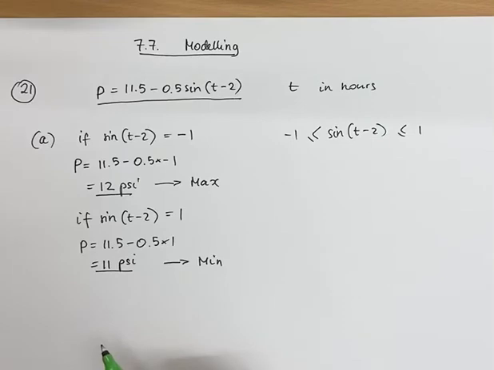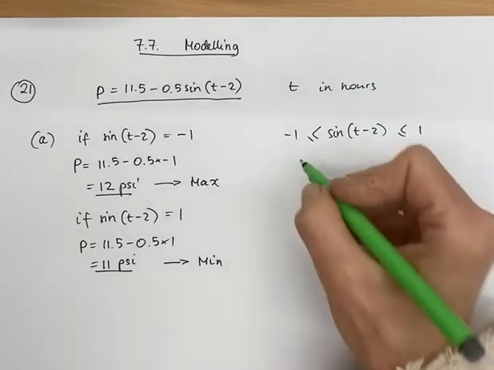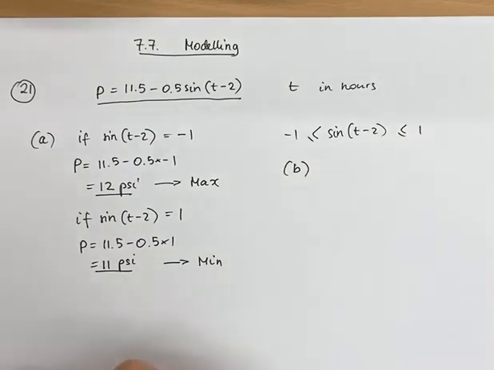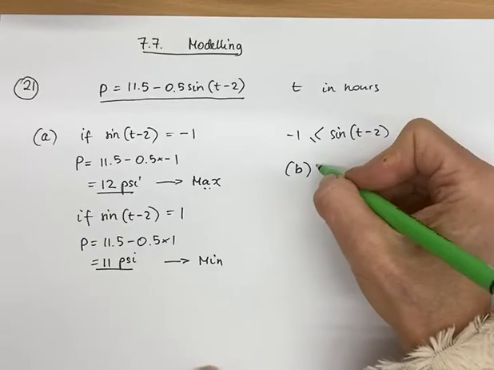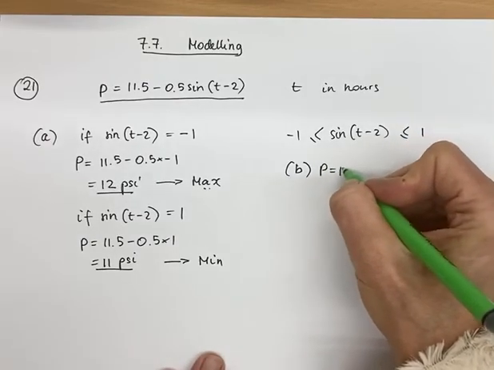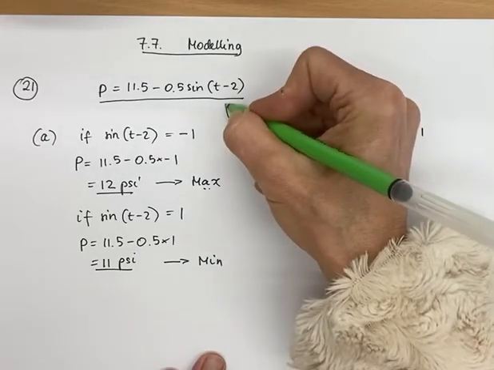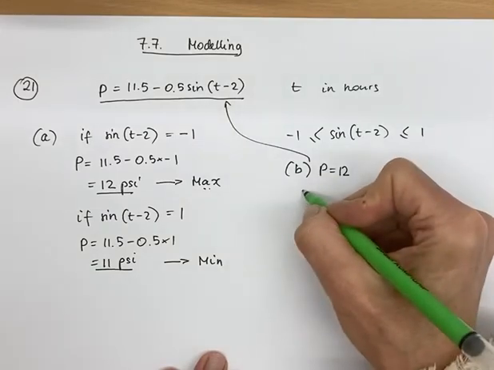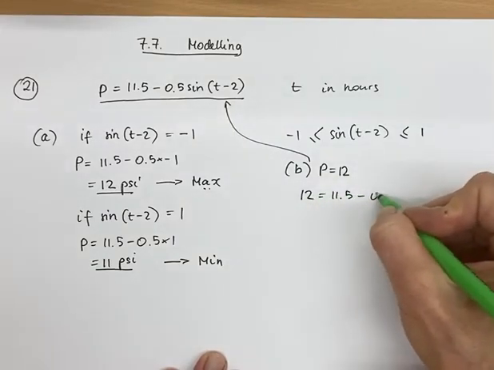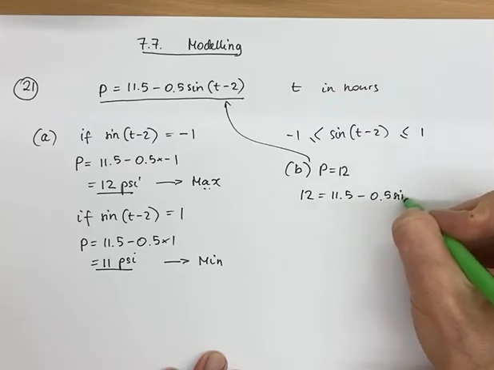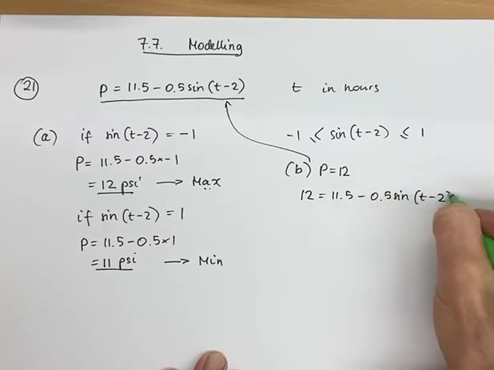Part B: find the time after reaching cruising altitude that the cabin first reaches maximum pressure. So when will it reach 12? How about making P equal to 12 and substituting this value into the equation? So 12 = 11.5 - 0.5 sin(t - 2).